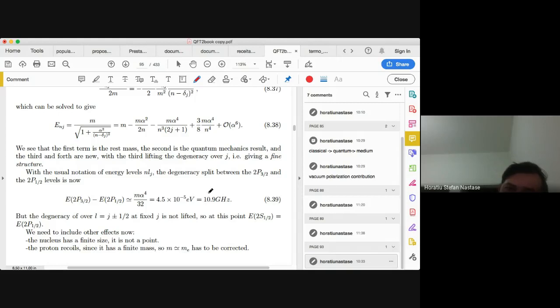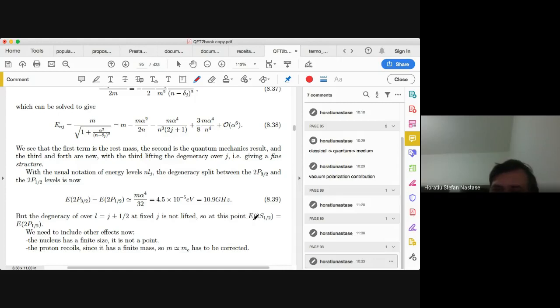However, the degeneracy over L, that is to say, L being equal to j plus or minus 1/2 at fixed j, is not lifted at this point.